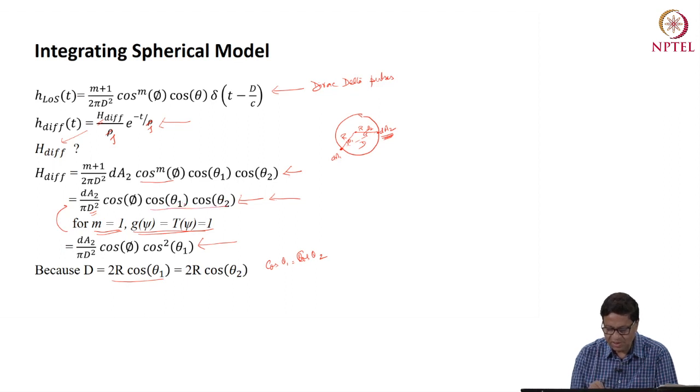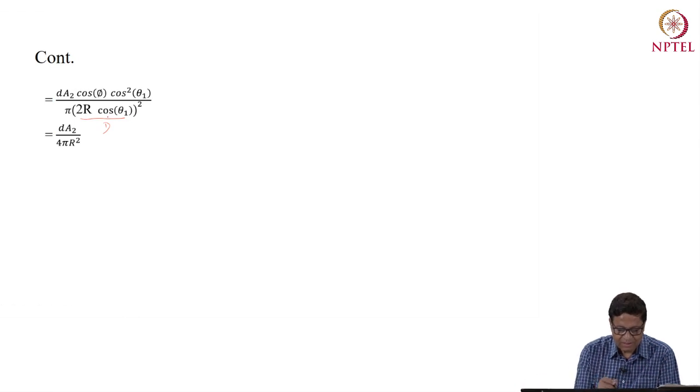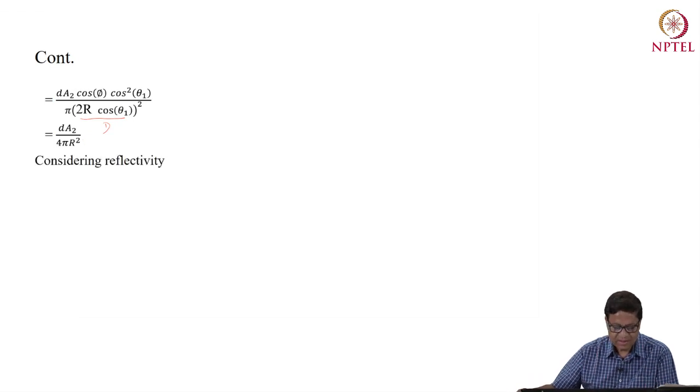We have seen cos θ1 is equal to cos θ2, and putting the expression for d, what you get is dA2 cos φ cos² θ1 divided by π, this is d actually, 2r cos θ1. And if you do some calculations, this becomes dA2/(4πr²).